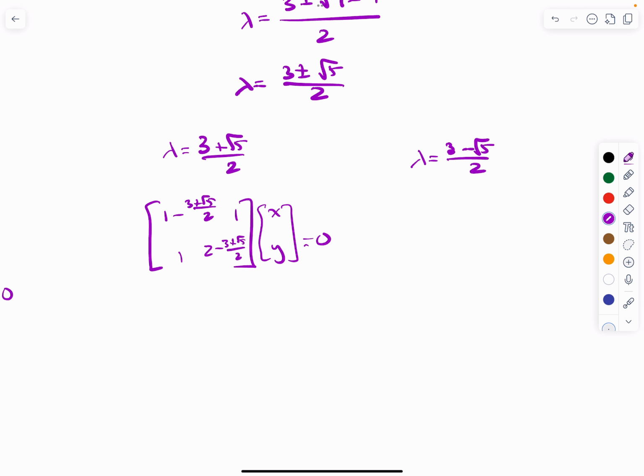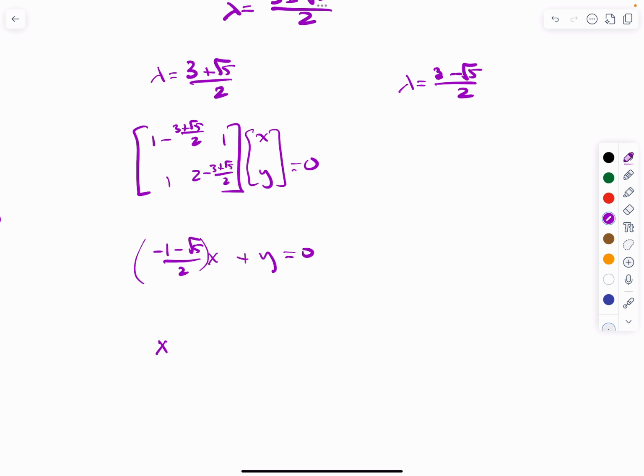Okay, this is going to be negative 1 minus radical 5 over 2 times x plus y equals 0. And then plus x times 1 minus radical 5 over 2.